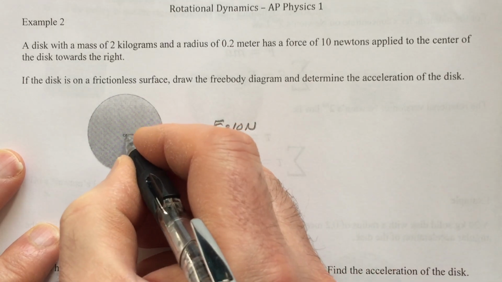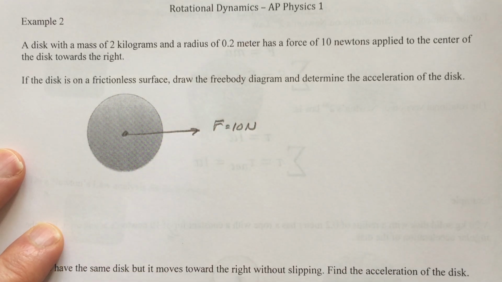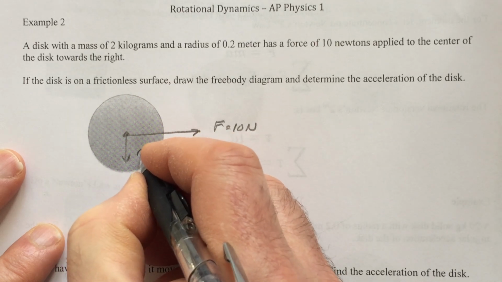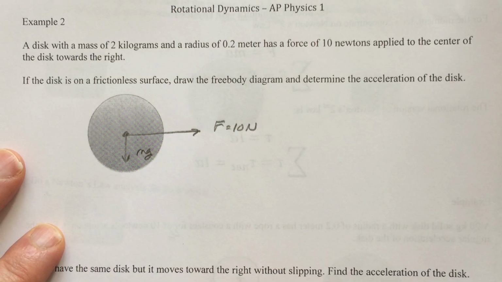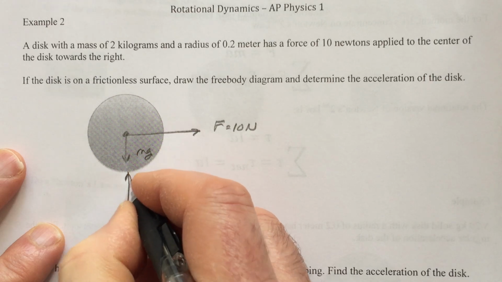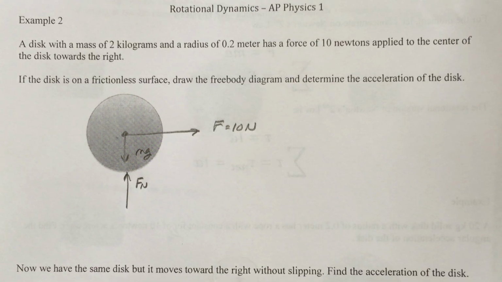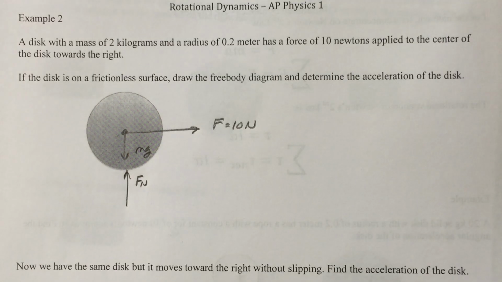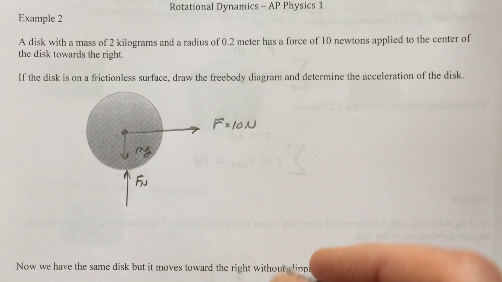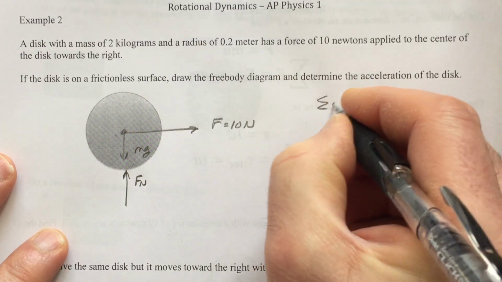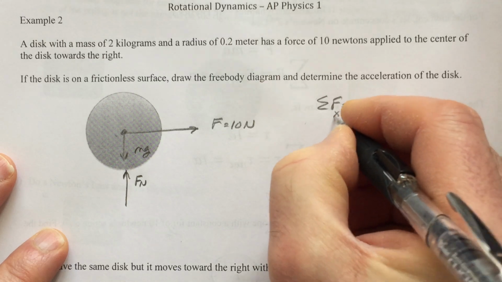Okay, now even though we may not need them, in a free body diagram, you must draw all the forces. So you know that you're going to have force of gravity. I just write mg for the force of gravity. And acting upwards, there will be a normal force. That's it. Now the first part of this is actually really, very easy. All we've got to do is sum of the forces equals ma in the x direction.